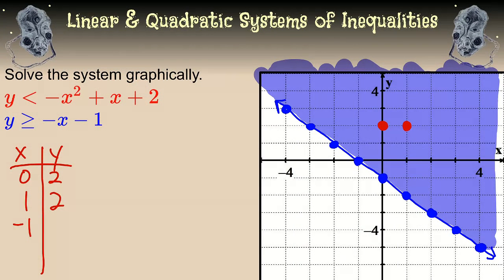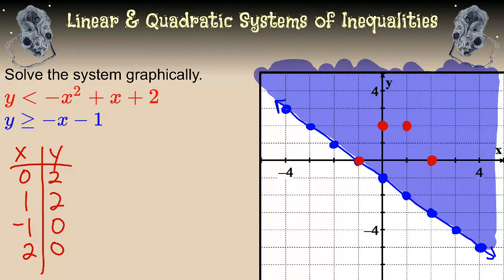So I have this point right there. Negative 1 is 0. And because this is the axis or line of symmetry, I know that I have to have a point reflected across that line. So for free, I get this point right there, which is (2, 0).